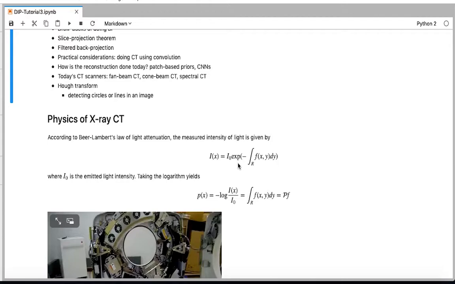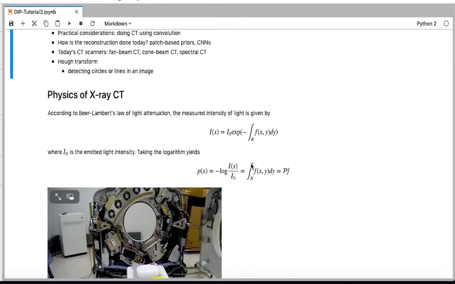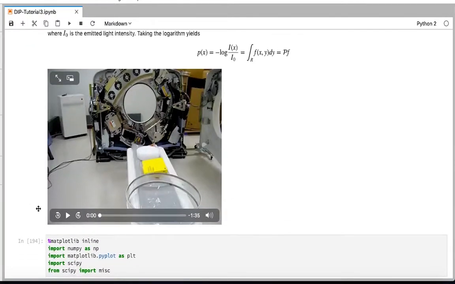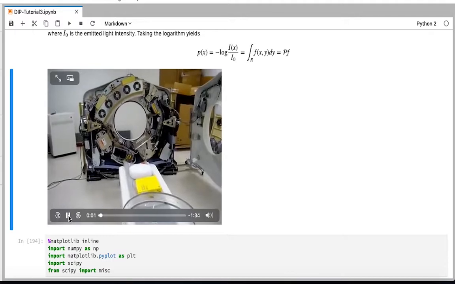You multiply it with the exponential of the line integral along a chosen line, the attenuation. That's what you receive at the other side of the body. This is nothing but the projection of your tissue onto a chosen axis on the other side.